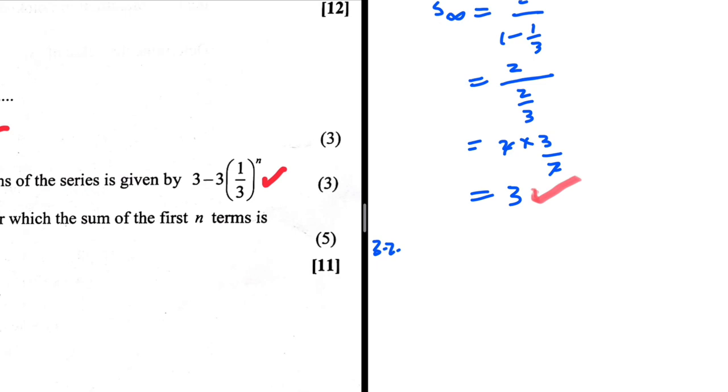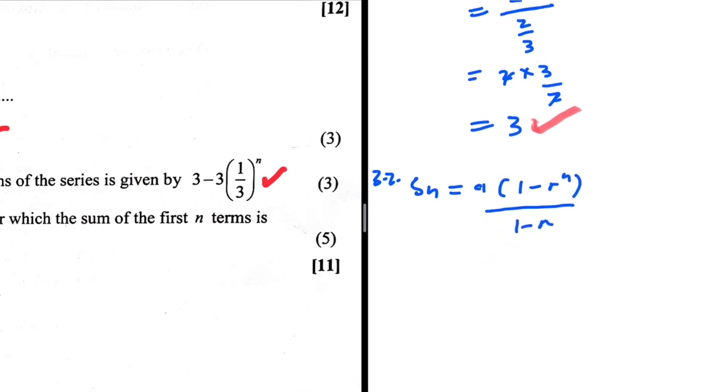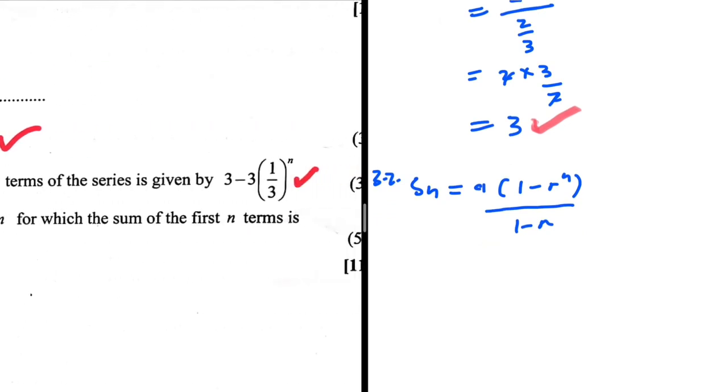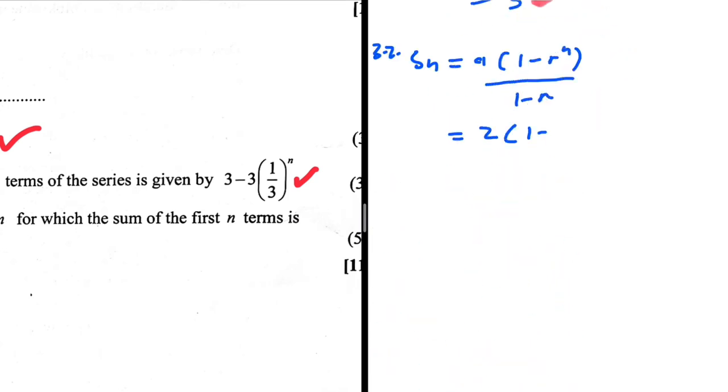Let's start with the basics. Sn is equal to a multiplied by 1 minus r to the power n, divided by 1 minus r. Okay, r is less than 1. So we are interested in the sum of n terms. Not the sum of any specific number of terms, but just the general formula for the sum of n terms. So a, we already know that a is 2. r is 1 over 3, like we determined.